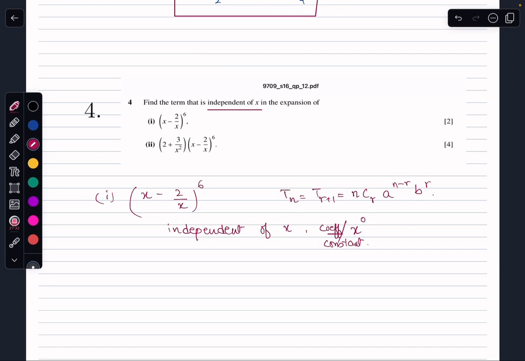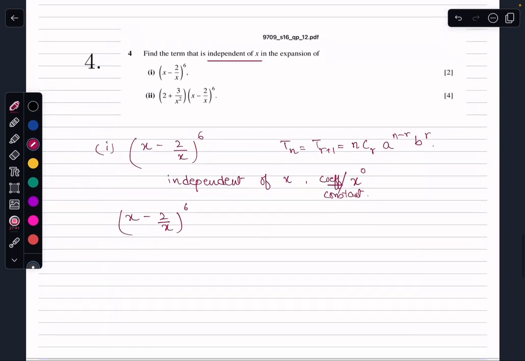So let's apply the term formula to the expansion of (x minus 2 by x) to the power 6. I do not know the restriction where the term becomes independent of x. Therefore, I will say that my n equals 6. So Tn shall be equal to T r plus 1. This is equal to 6Cr.